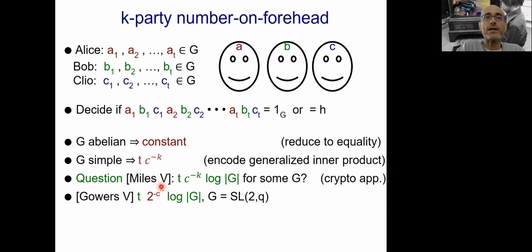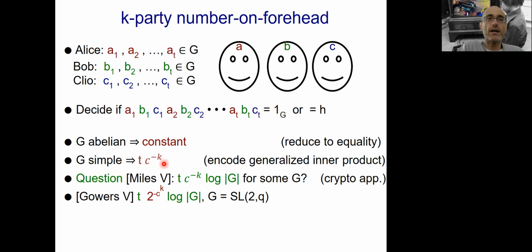It's doubly exponential in K, while we wanted just singly exponential. So actually, this double exponential in K suffices for the crypto application, which was enabled by this result. However, it's still off of the state-of-the-art of T times C to the minus K.